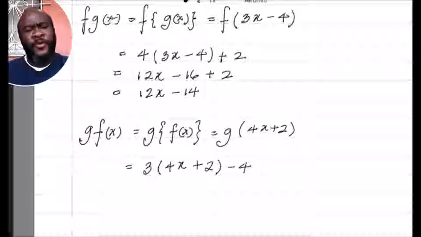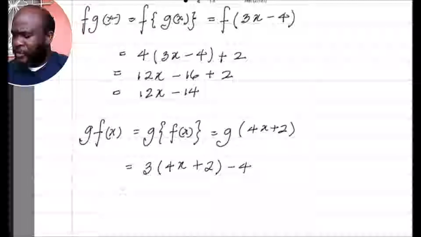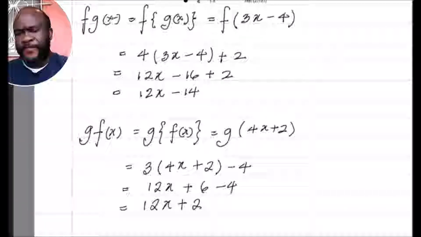In g, wherever I see x, I take out x and put f. So this becomes the distributive law. We have 12x, 3 4s are 12, plus 3 2s are 6, minus 4. So g of f of x would be 12x plus 2. All right.